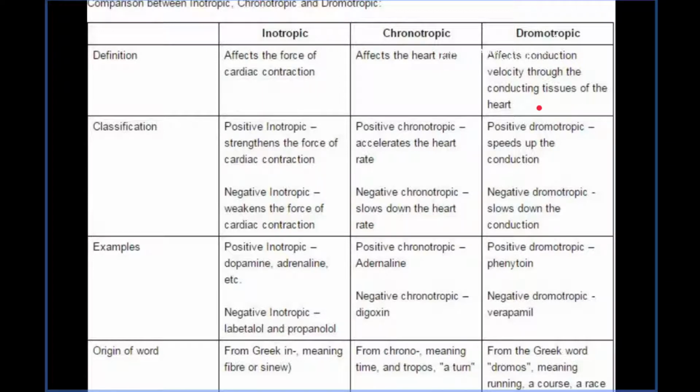Again, when we say a positive dromotropic effect, there would be a speeding up or increase in the conduction of the activity of the cardiac muscles. And when we say there's a negative dromotropic effect, there would be a decrease or slowing in the conduction.